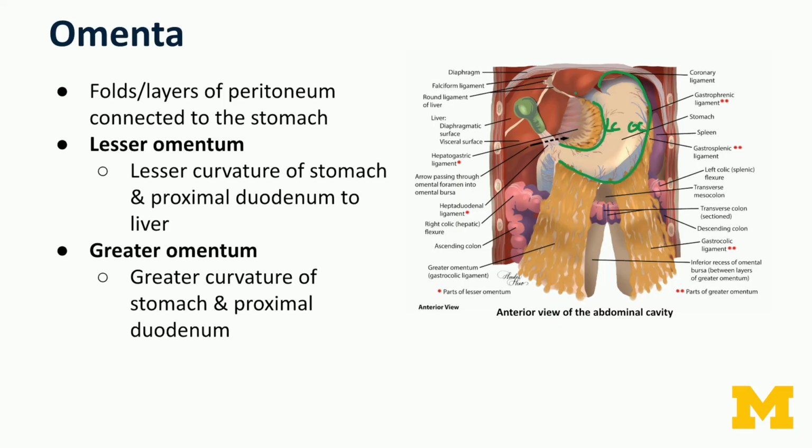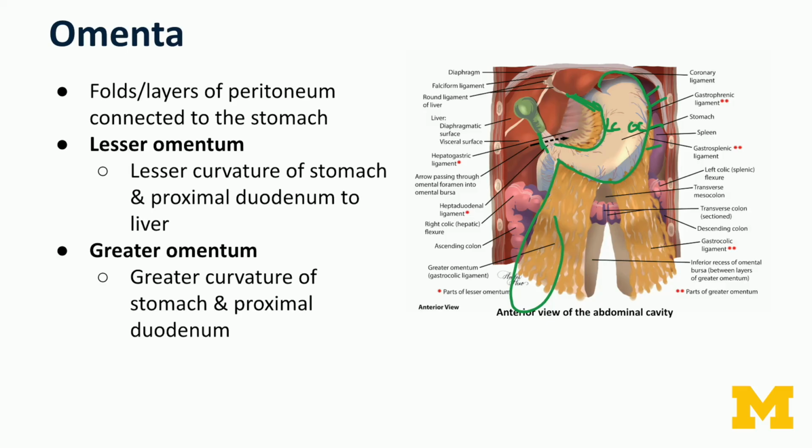Between the lesser curvature of the stomach and the proximal duodenum and the liver and gallbladder is the lesser omentum. Whereas from the stomach all the way down and back up to the transverse colon, as well as to the spleen, as well as to the diaphragm, is the greater omentum.